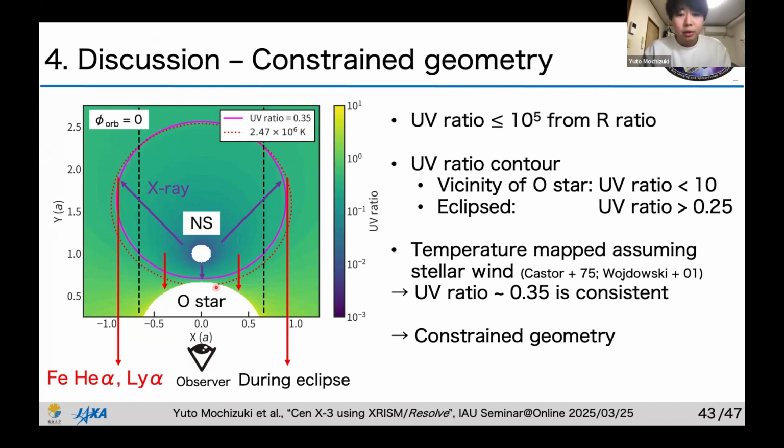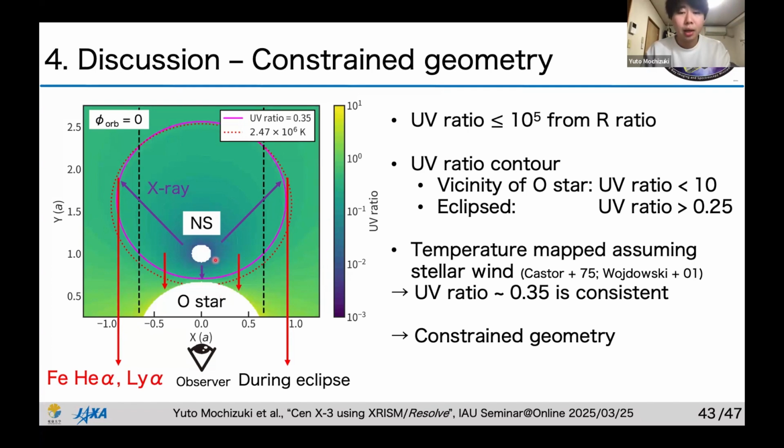The UV ratio in the vicinity of the neutron star, and in the vicinity of the O-star, shows the upper limit. In the vicinity of the O-star the UV ratio shows a high value, but the upper limit value is 10 because the neutron star emits X-rays.